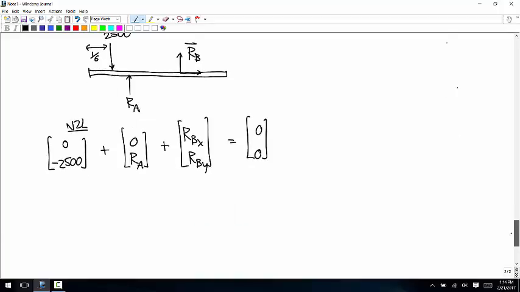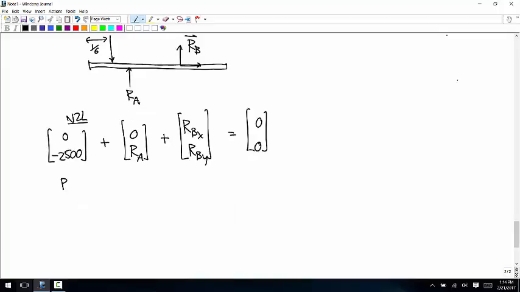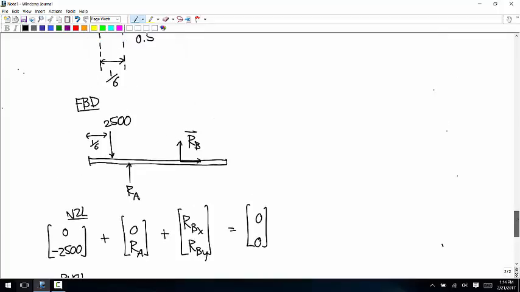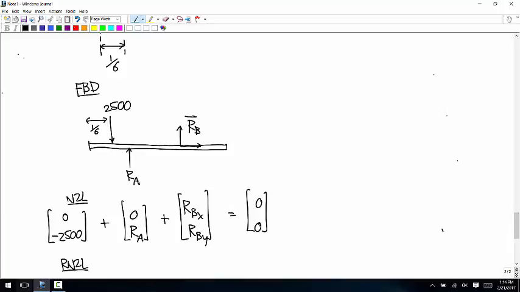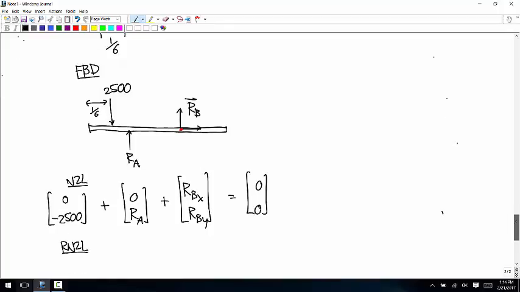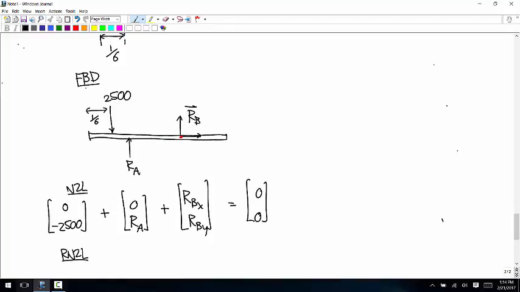And then the moment equation. As an about point, I'm going to choose this. So for that 2,500 Newton force, what's the moment arm, the length from the about point to where that force is applied? This is a third, and then this is another sixth.